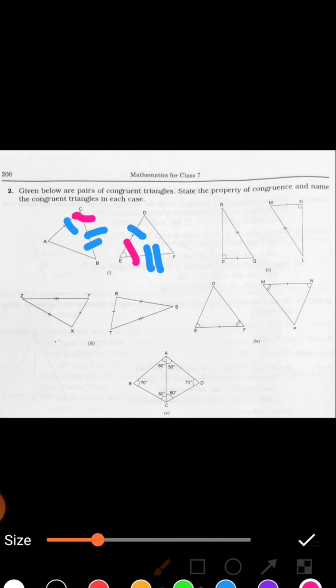So we can say these two are congruent by the SAS rule of congruence, meaning side, then angle, then side. Here also side, then the angle between them, and then side. So these are congruent by the SAS rule of congruence.